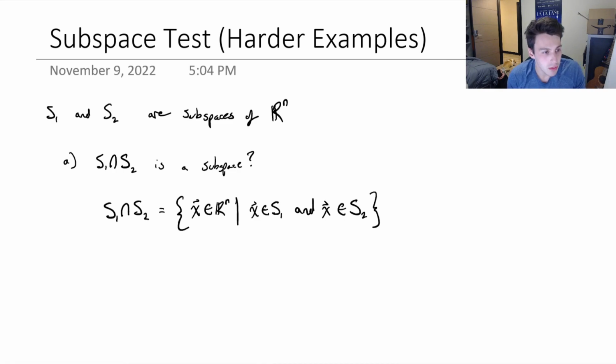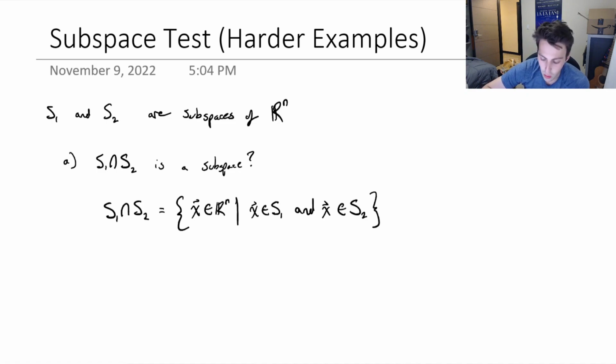I wanted to go through some examples that involve the intersection, the union, and the sum of subspaces, and whether those things are considered subspaces, because they're a lot trickier to apply the subspace test to. So we are given that S1 and S2 are both subspaces in Rn.